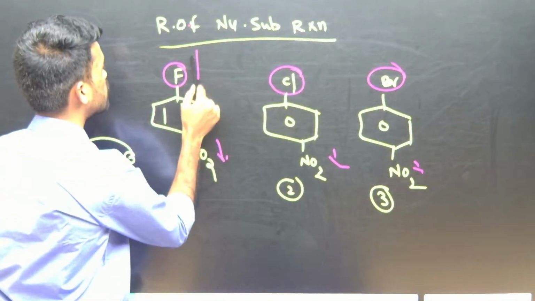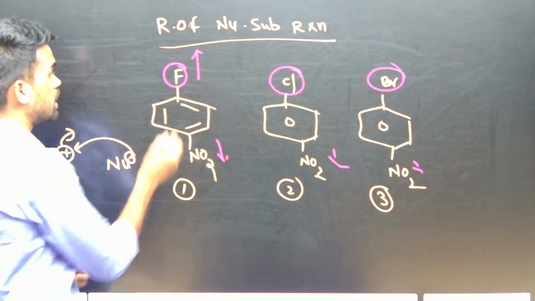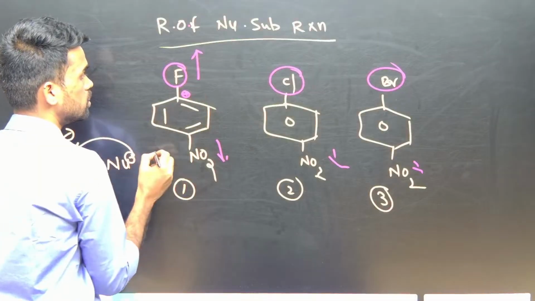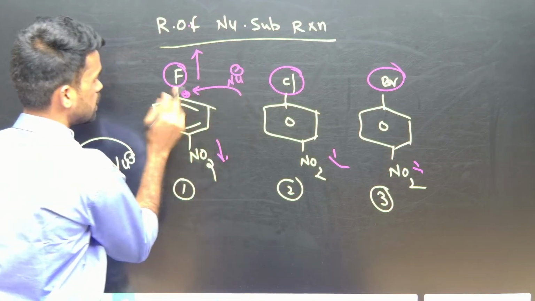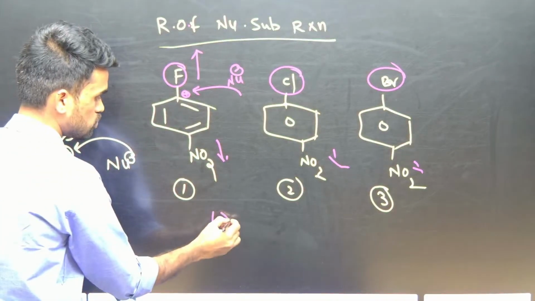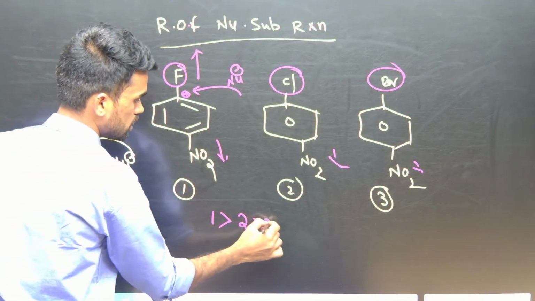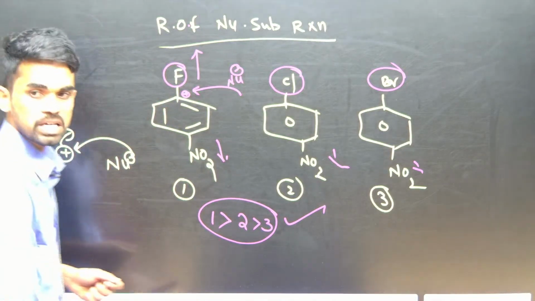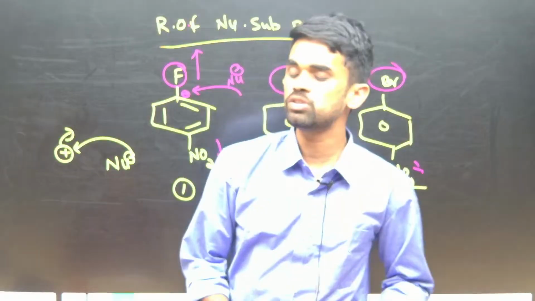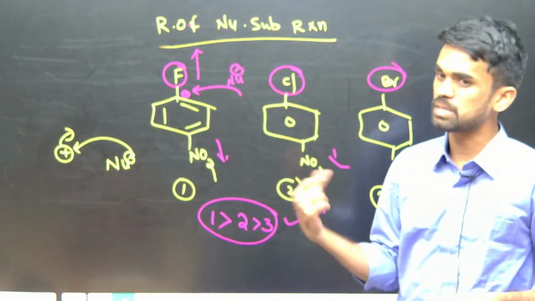It withdraws electrons towards itself and creates more positive charge here. That means nucleophilic attack is easy in the fluorine case. So that's why 1 is more reactive, then 2, then 3. This is how you need to finalize your order. These are the applications and questions related to aromatic nucleophilic substitution reactions.